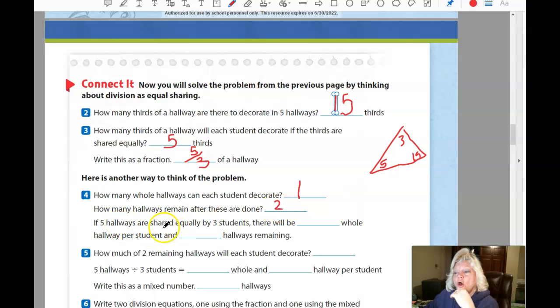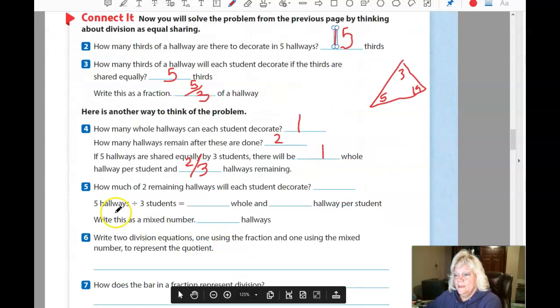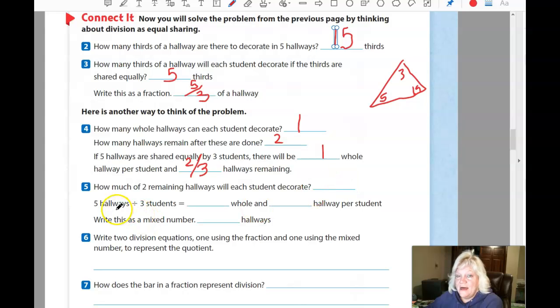If 5 hallways are shared equally by 3 students, there will be 1 whole hallway per student and 2 thirds hallway remaining. 5 hallways divided by 3 students equals 1 and 2 thirds hallway per student.